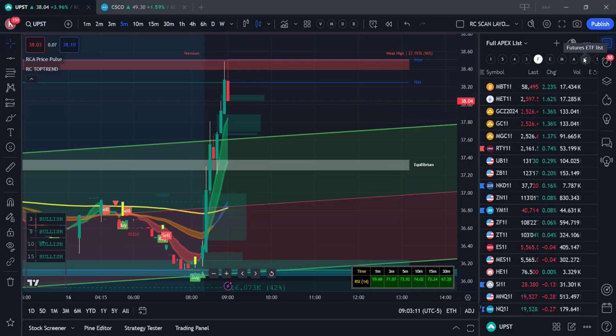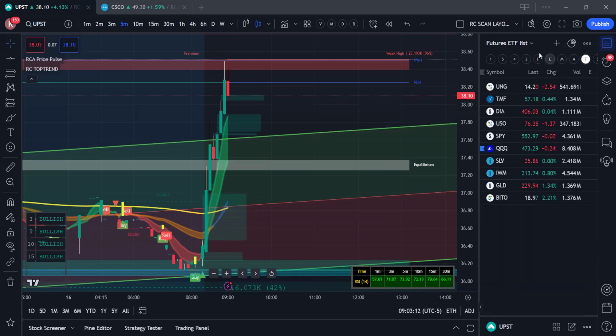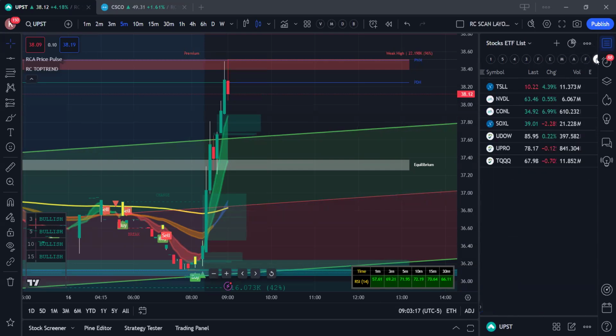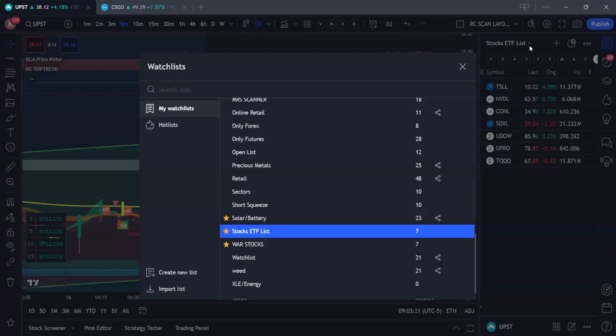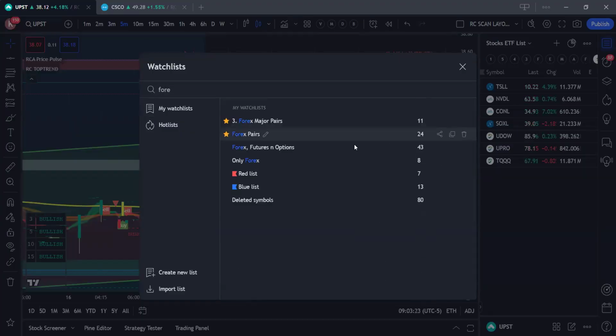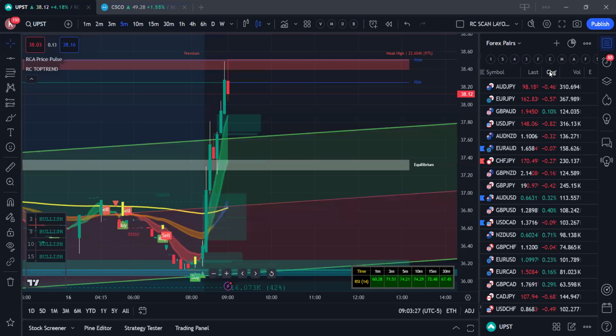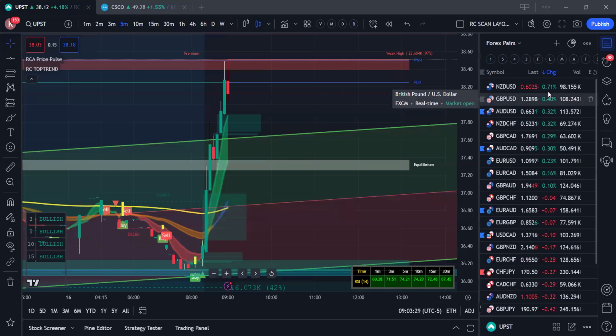In the same way, for example, forex. If you want to trade on forex tickers, you do the same thing. Look at which ones have a lot of bullish momentum.